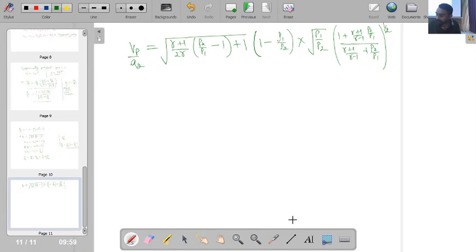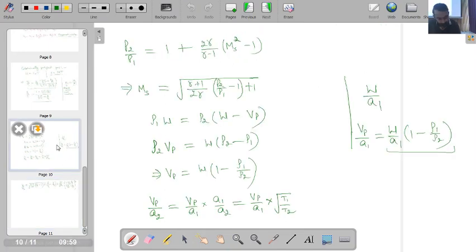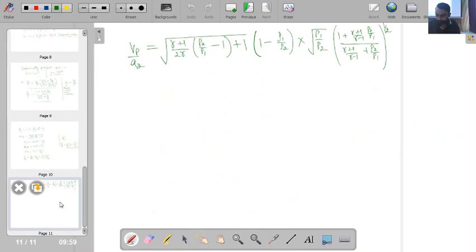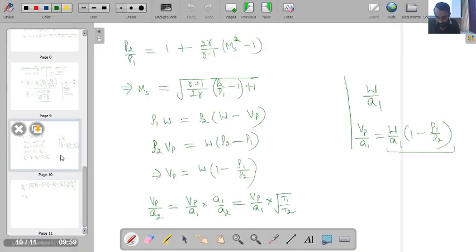Now, from this final expression, if I only calculate the value of Vp, Vp will be equal to W times 1 minus rho 1 by rho 2.